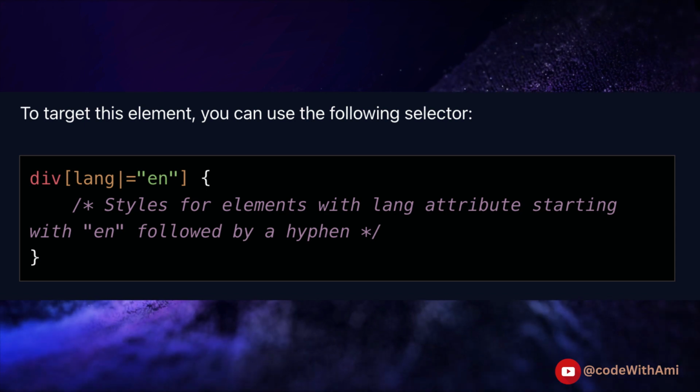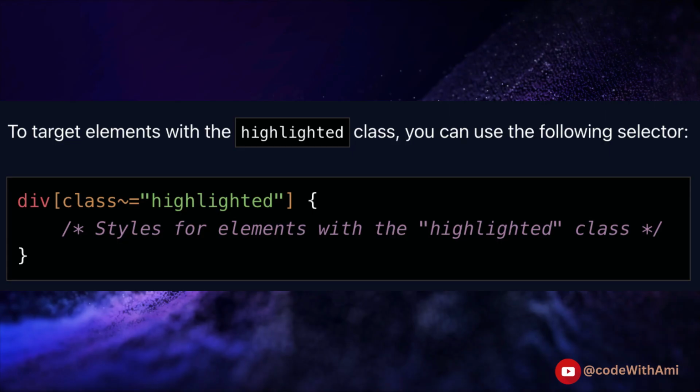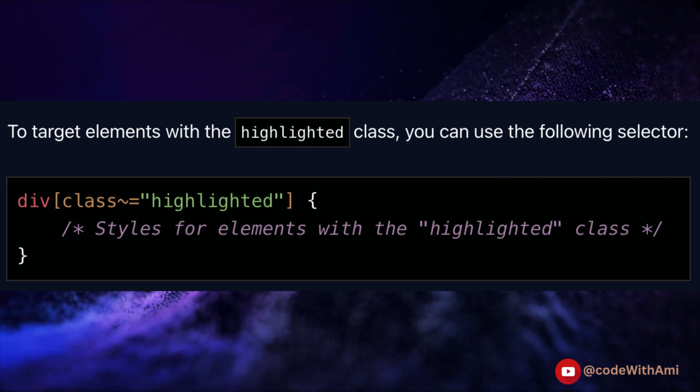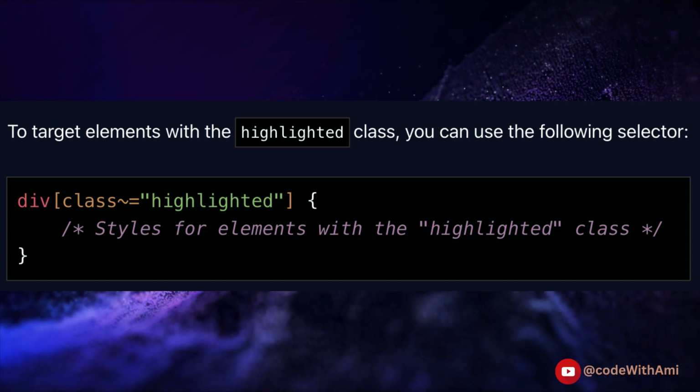Okay, so let's talk about the next thing, which is matching elements with attribute values separated by white space. This operator allows you to target elements with attribute values that are separated by white space. This is useful for selecting elements with multiple values in a single attribute, such as a class attribute.